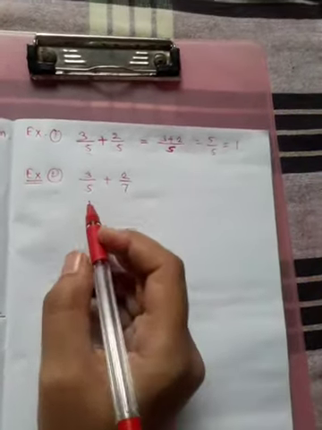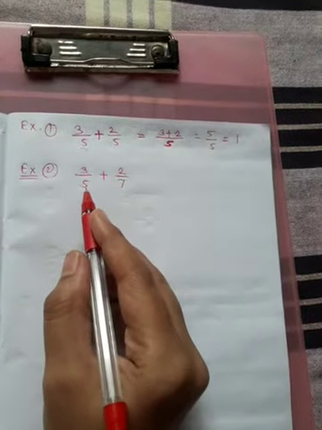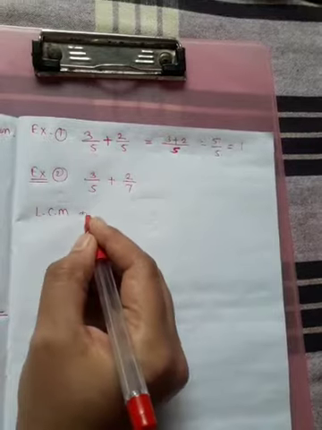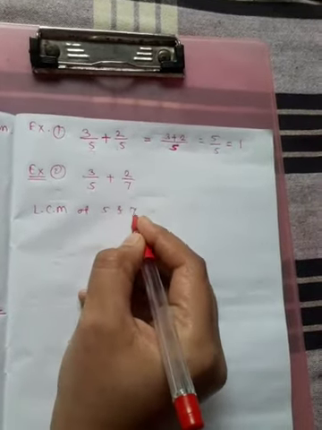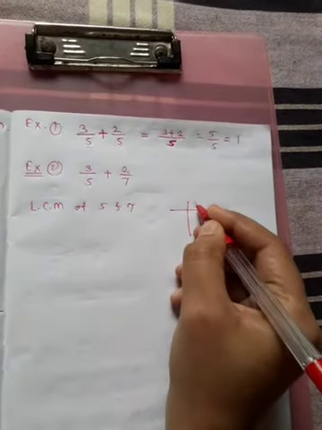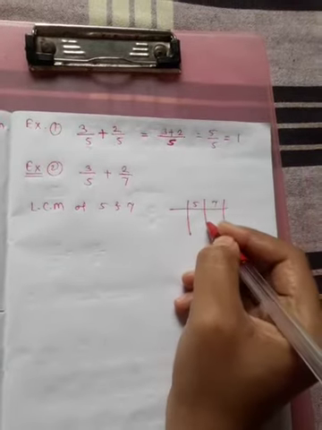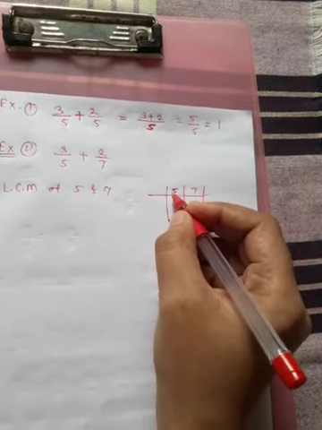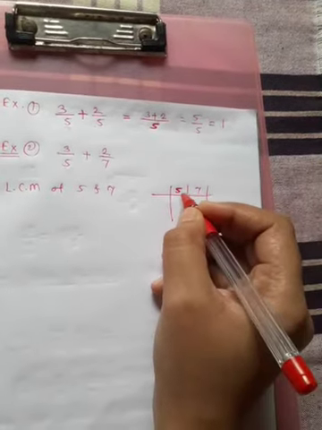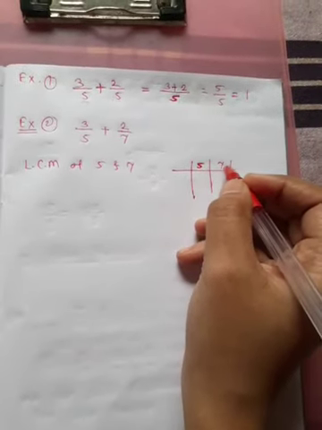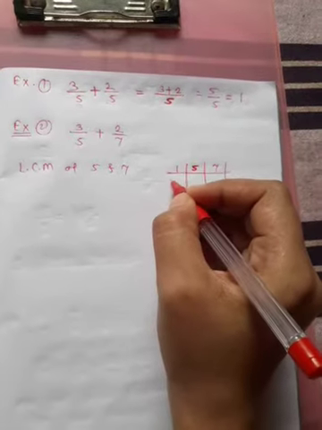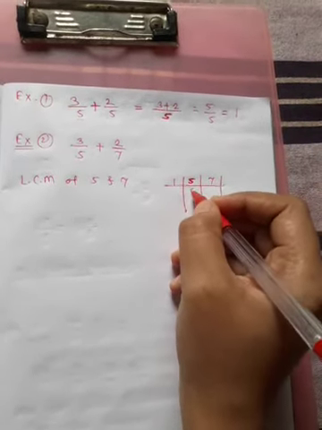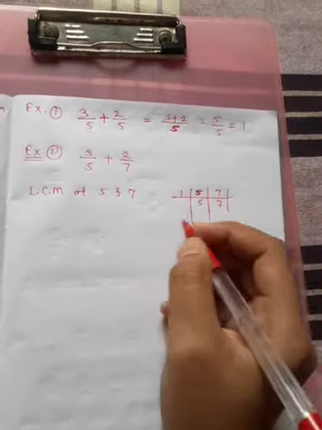First find the LCM of 5 and 7. So what is the LCM of 5 and 7? Here the only common divisor of 5 and 7 is 1, so we can't find any other divisor. So 1 5 is 5, 1 7 is 7.